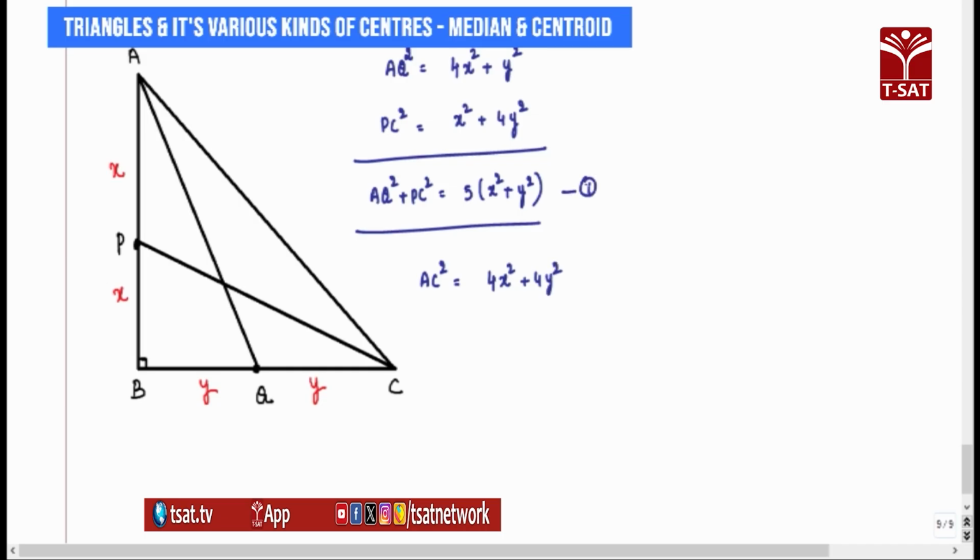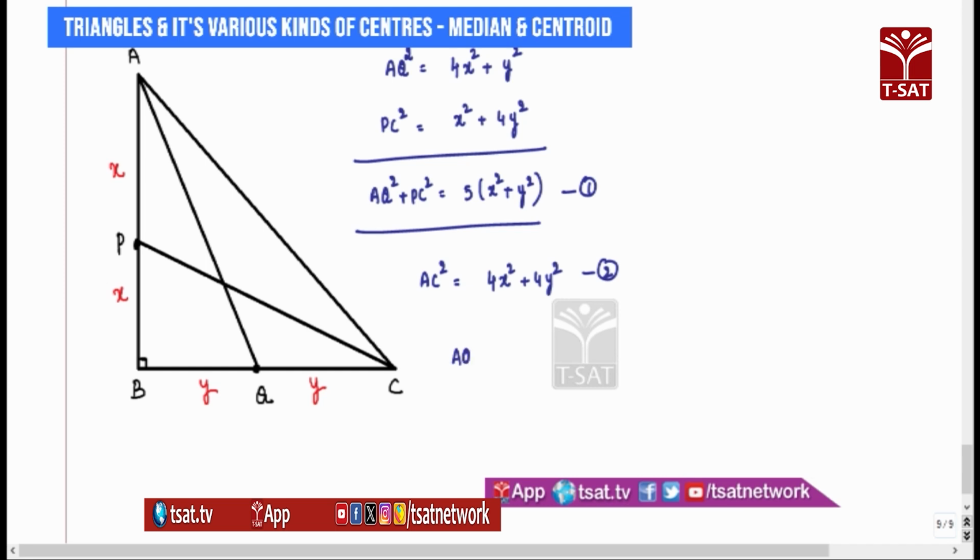Consider equation number 1, equation number 2. AQ square plus PC square, if you divide both of them, you will get 5 by 4 times AC square. So in a right angle triangle, median 1 square plus median 2 square is equal to 5/4 of the hypotenuse square.